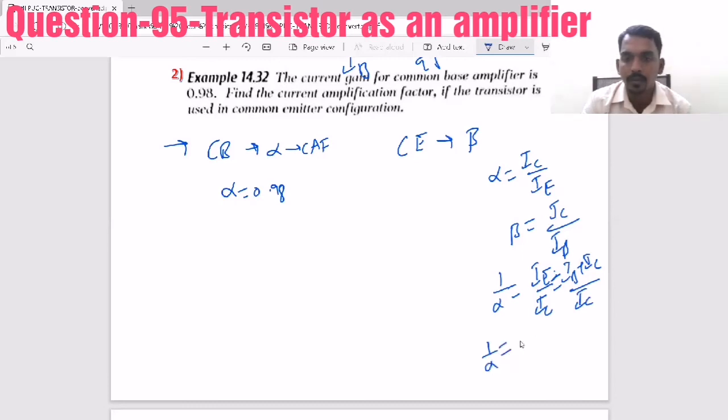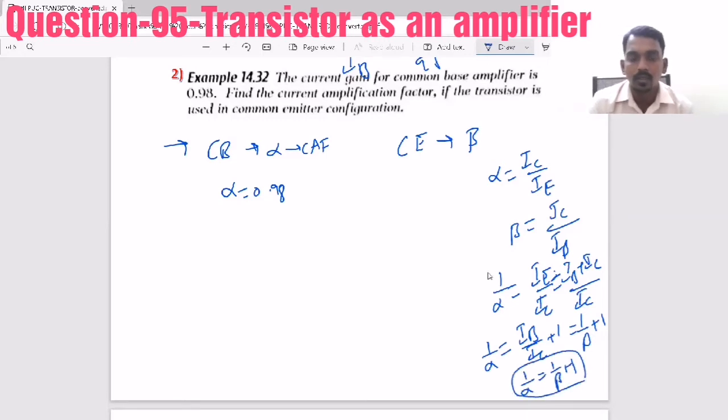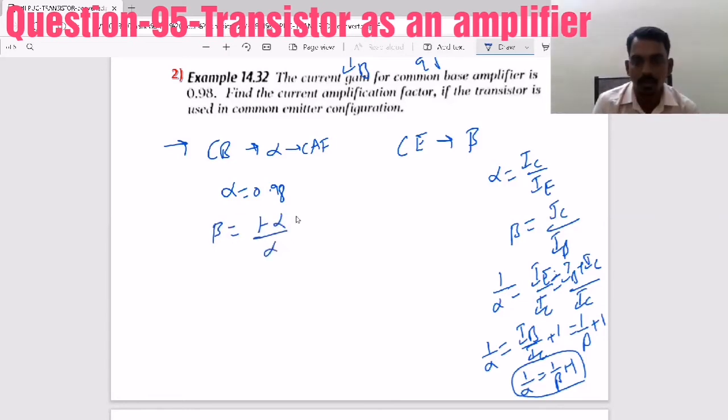Then 1 by alpha will become IB by IC plus 1. So IB by IC is 1 by beta. So 1 by alpha equals 1 by beta plus 1. So what is the relation? Beta will become 1 minus alpha by alpha.